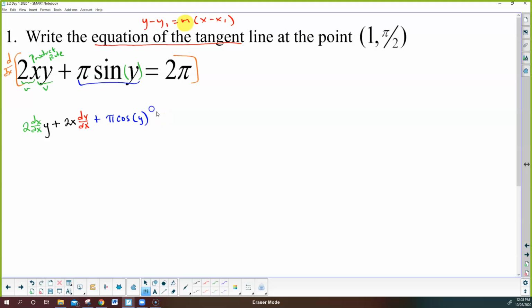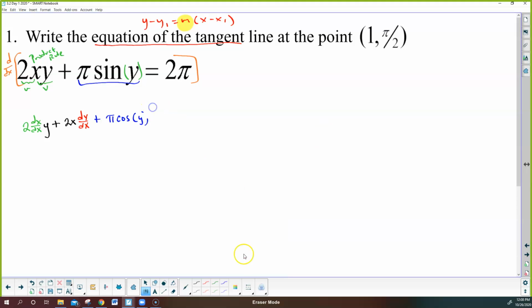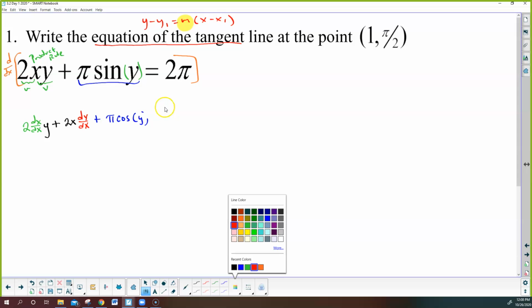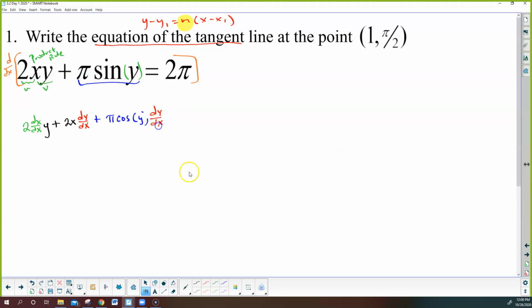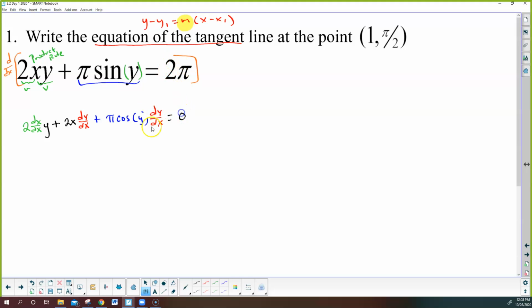It's dy/dx. And then over here, we're taking the derivative of 2 pi, which is just a constant, and that's 0. So notice the product rule can still be applied.